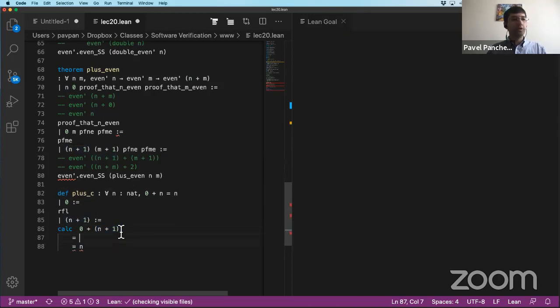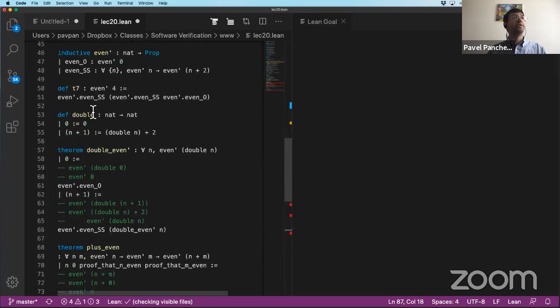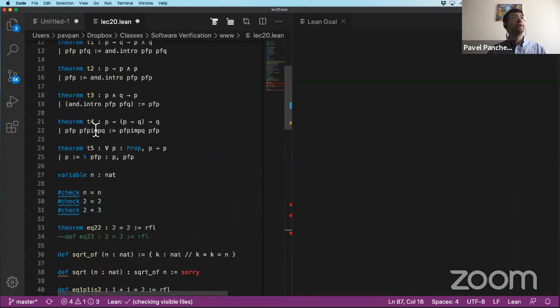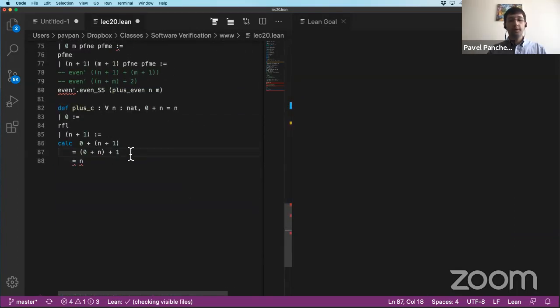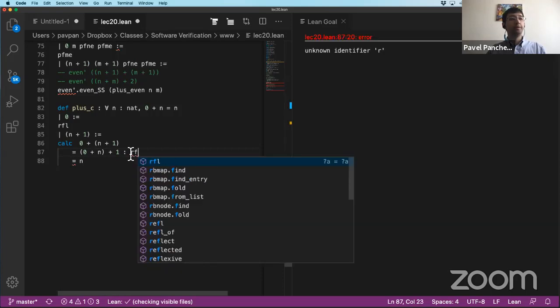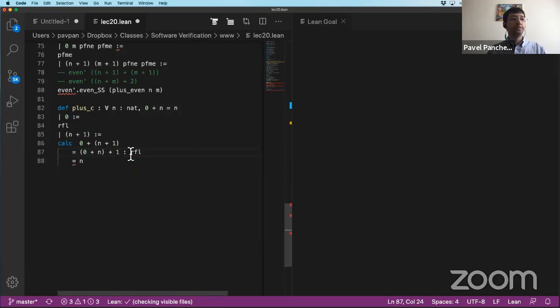So that allows Lean to do one step of addition. So this will produce 0 plus n plus 1, which is how addition is defined analogously to all the way up here at the top. And so this step Lean does via computation.